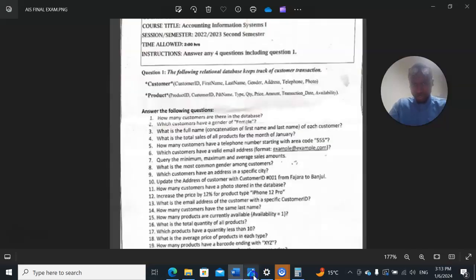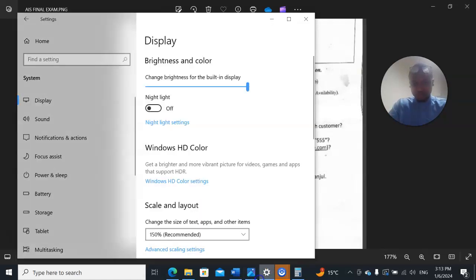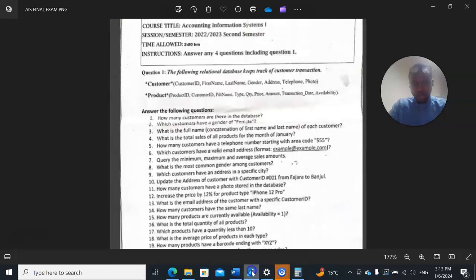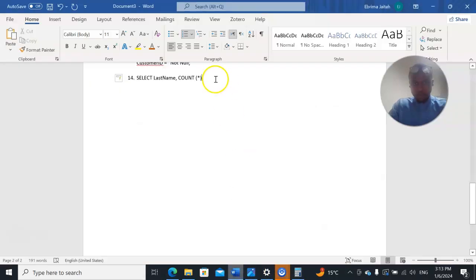Since the question is asking how many customers have the same last name, we count this and give it a name, as names. You can say as names, it doesn't matter.